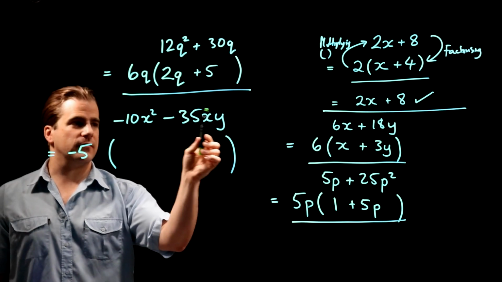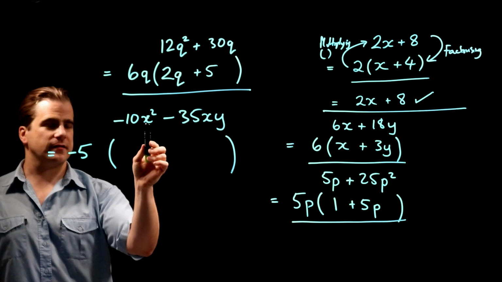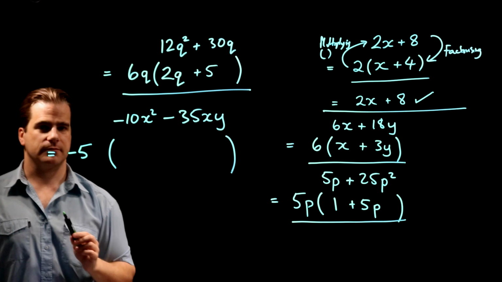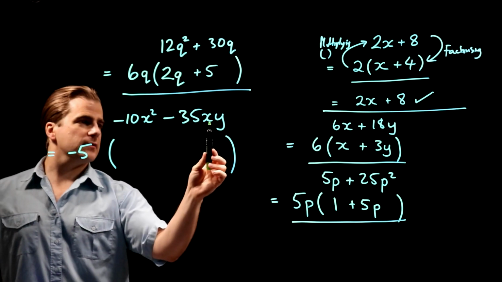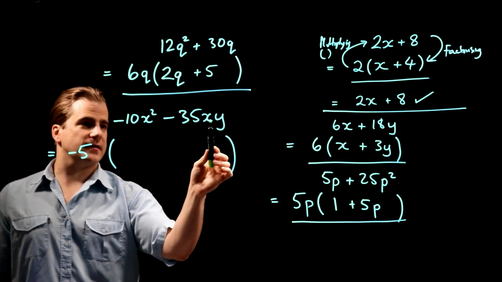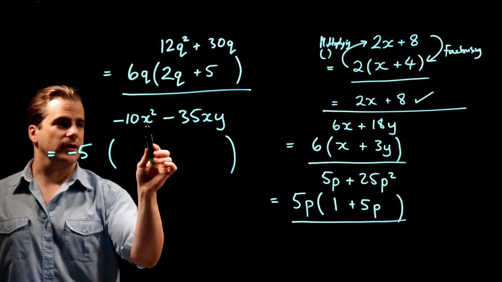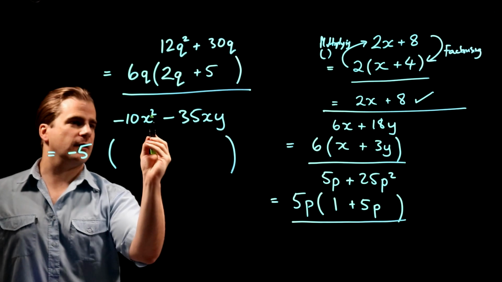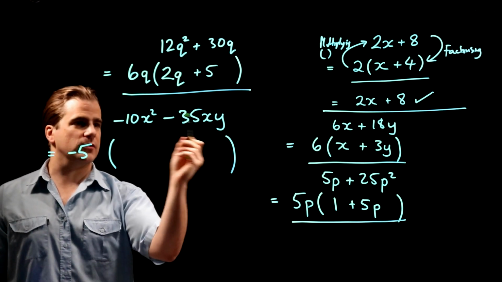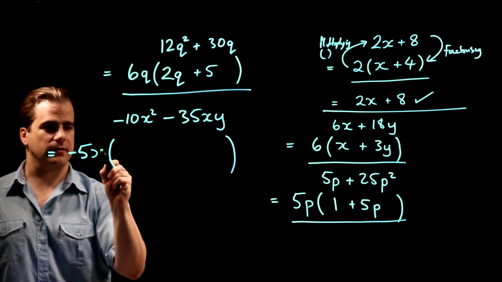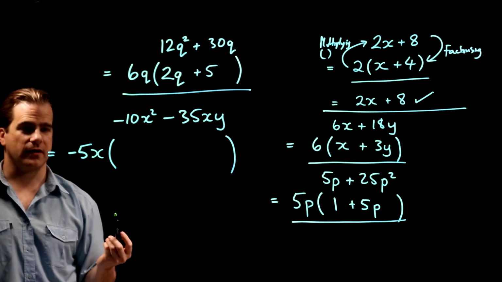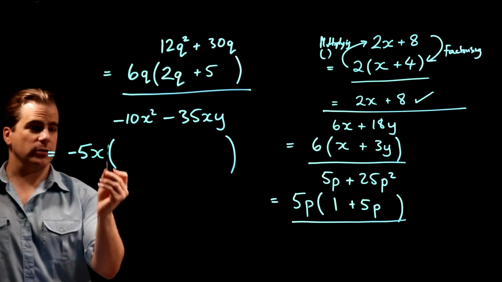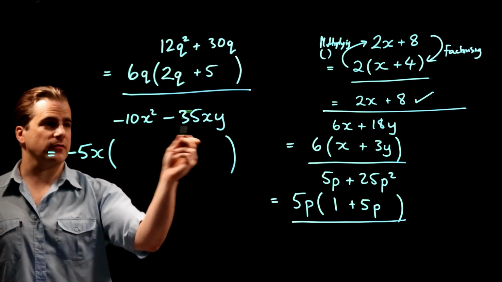Now, the variables. We've got an x times x here, or x squared, and an xy here. Well, this one has got 1x in it, and this one's got 2. So they've both got at least 1x. That one doesn't have any y's. So therefore, just the 1x is the common factor that we pull out. Okay? So we pulled out a minus 5x from both of these.